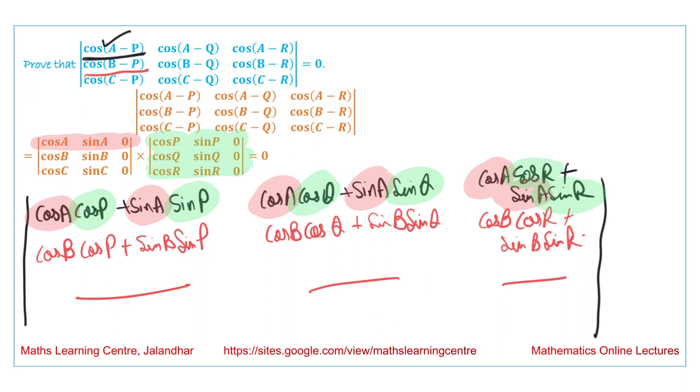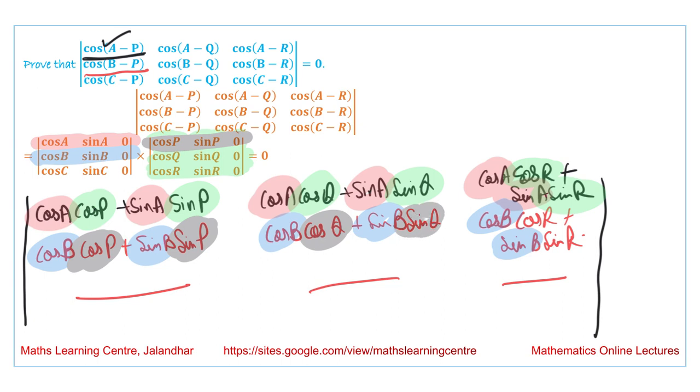Next, moving on to our next step, we have cos B, sin B and 0, cos B, sin B, cos B, sin B, and next we have cos P, sin P, which we have already seen, then cos Q, sin Q, which we have already seen, cos R, sin R, which we have already seen.